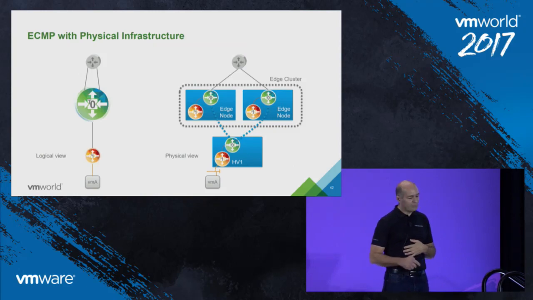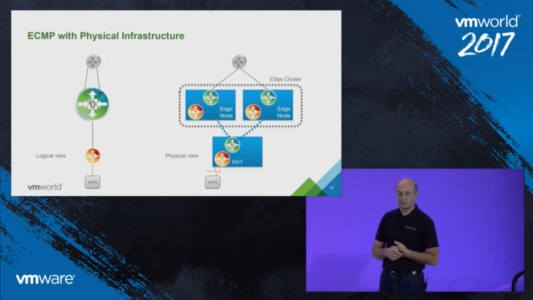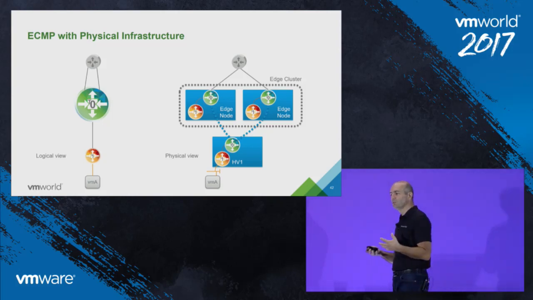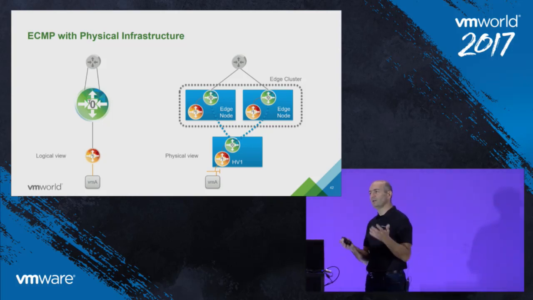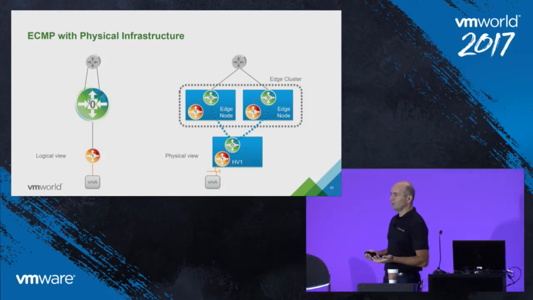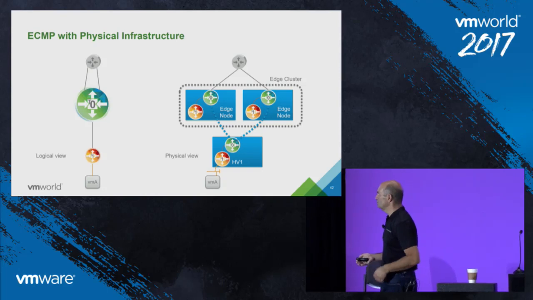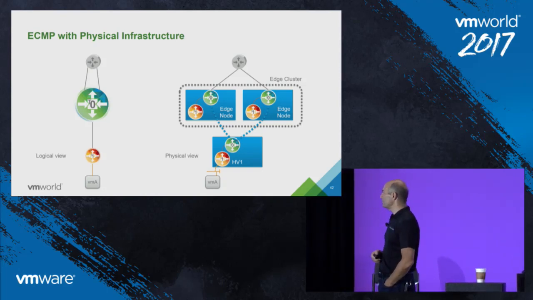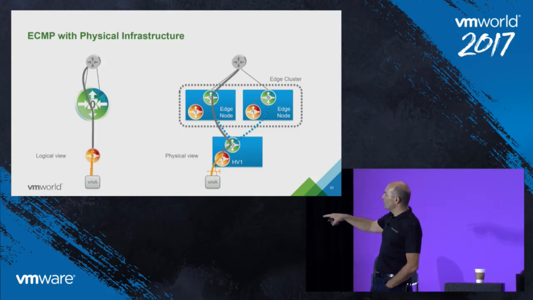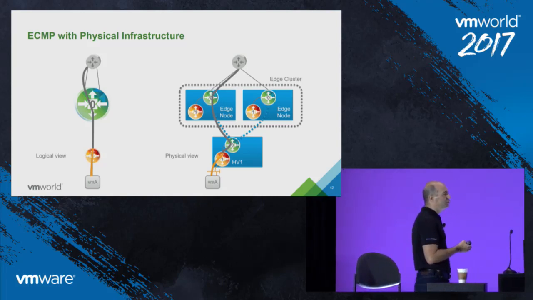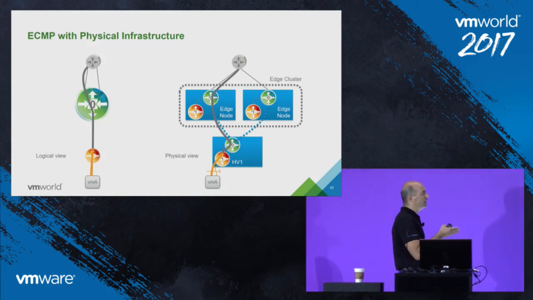So let me show you an example of ECMP. On the left in this diagram, you will see the logical version of it, basically what it looks like from a logical standpoint, and on the right, you will see how the traffic is actually forwarded in the physical network. I mean, physical, meaning our transport nodes. So when I'm sending traffic to the outside world, I'm doing as much routing as I can on my source hypervisor 1, and I'm going to route from tier 1 to tier 0.